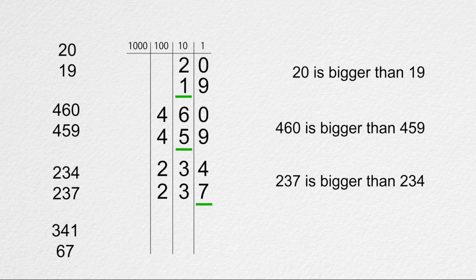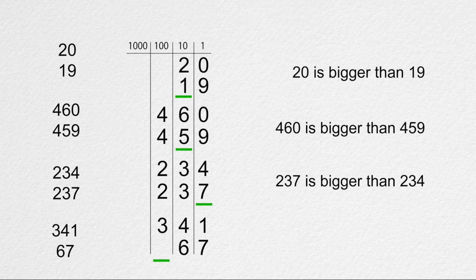And finally, let's compare 341 and 67. Although one number has 3 digits and the other number has 2 digits, this doesn't affect what we do. Again, we begin by lining the digits up in their correct columns, the hundreds, the tens and the units. Starting from the left, we begin by comparing the hundreds.